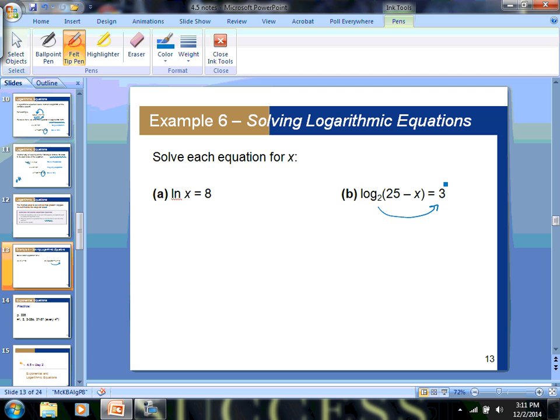I would rewrite this with our exponential method. So I would do 2 to the 3rd equals 25 minus x. And 2 to the 3rd is 8. And then you can subtract the 25 over. So you get negative 17 equals negative x. Because if we subtract the 25, it's going to cancel out. And so then x is 17.